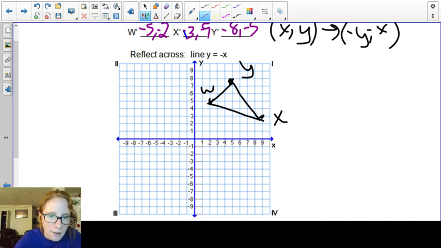Negative 5, negative 2 puts me down here. Negative 3, negative 9 puts me down here. And negative 8, negative 5 puts me over here.